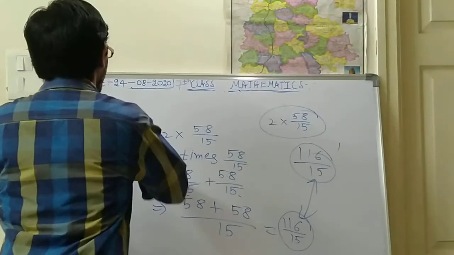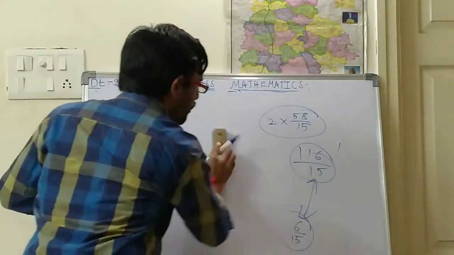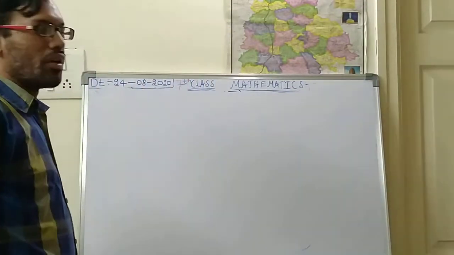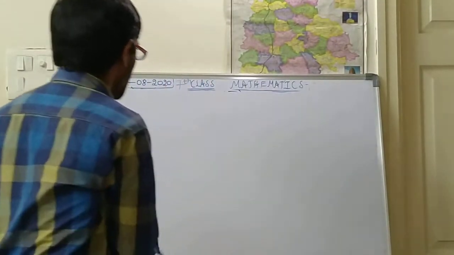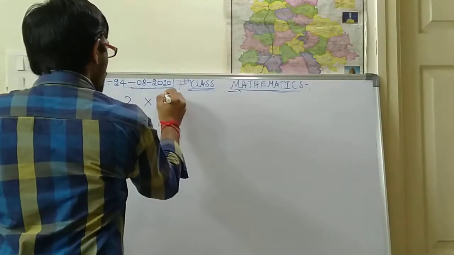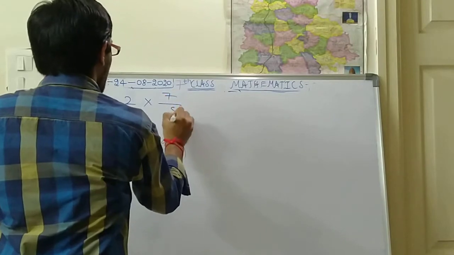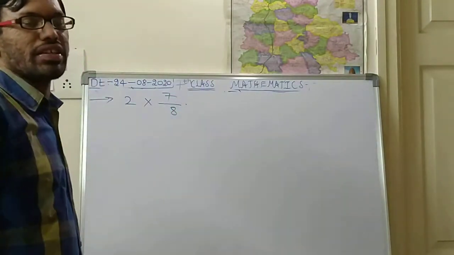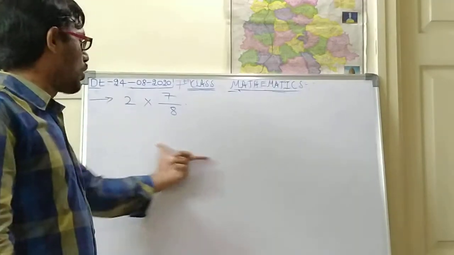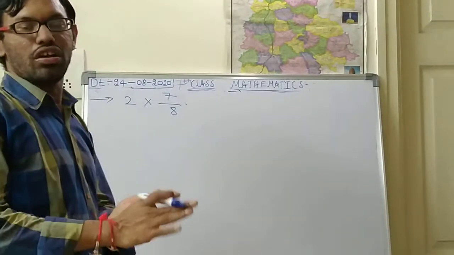In multiplication, you can see a pictorial representation. Suppose a problem is 2 into 7 by 8. We want to find this and show the pictorial representation also.